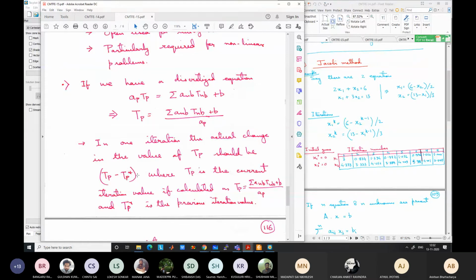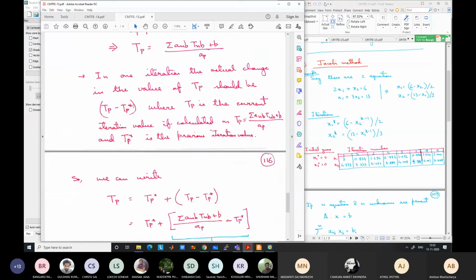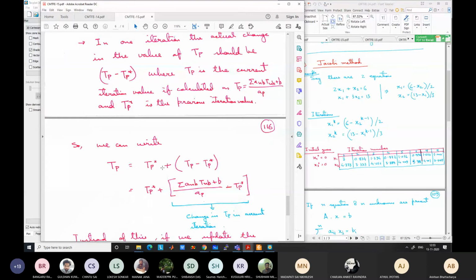So what is done for under or over relaxation is that this change is increased or decreased. Instead of having this change, we change it by a small fraction of this change for under relaxation, and for over relaxation we change it by a larger fraction of this change. Okay, so we can write this as TP is equal to TP star plus TP minus TP star, same thing, right?